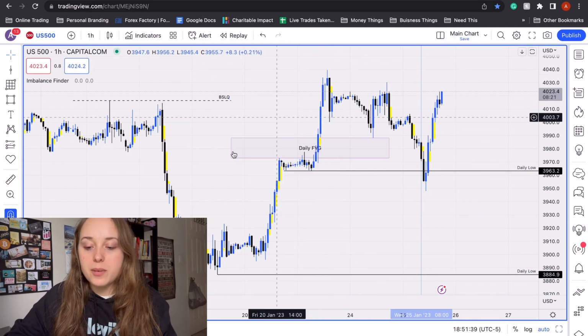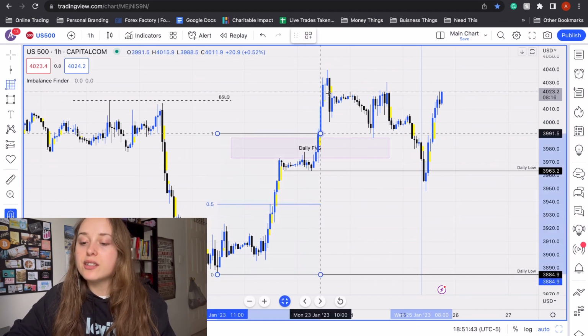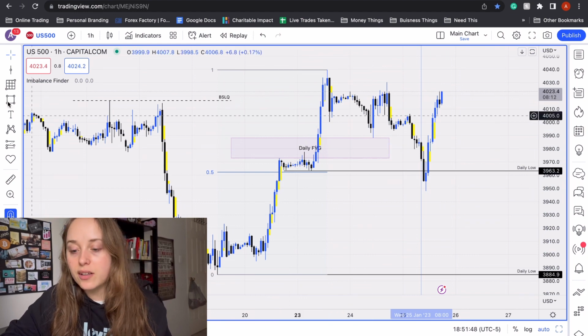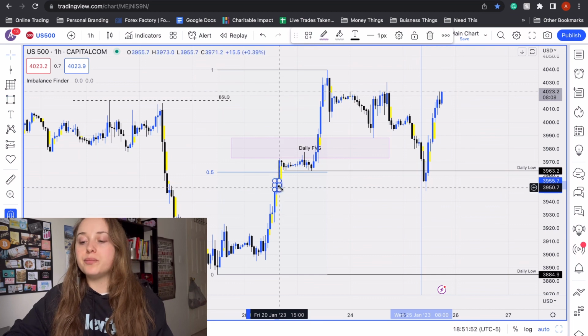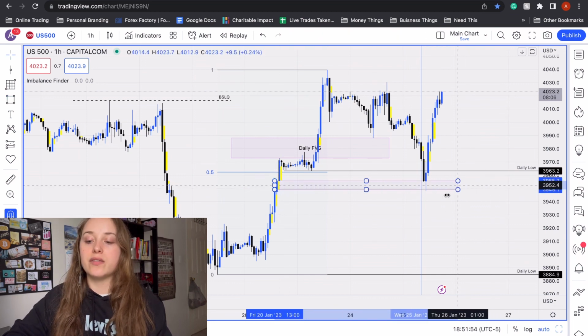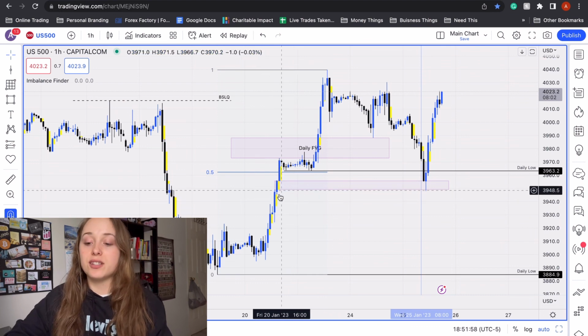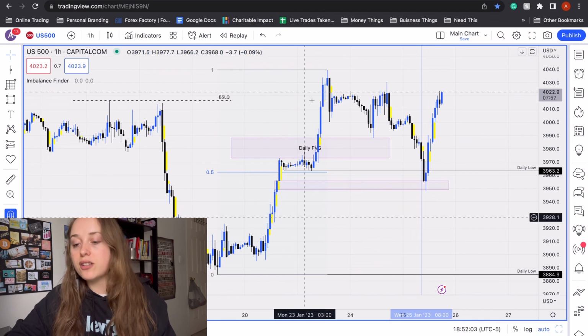We can measure and kind of get a range. What I really wanted to see was price come down into this 60-minute fair value gap, because one, it's the first PD array, or technically the first discount array within this daily range.